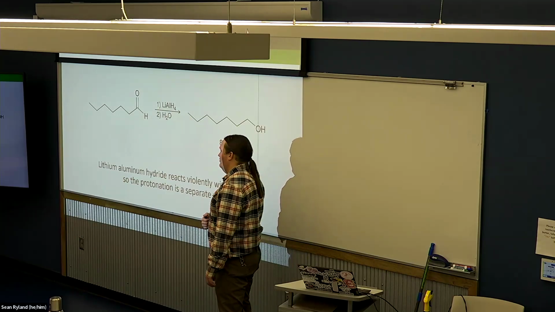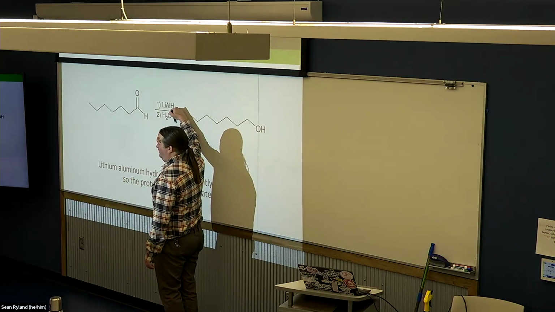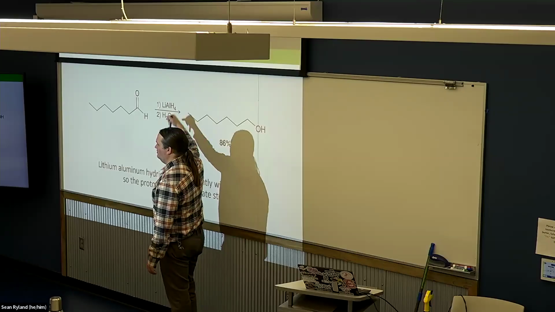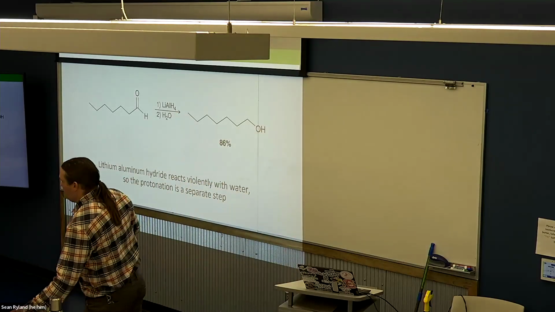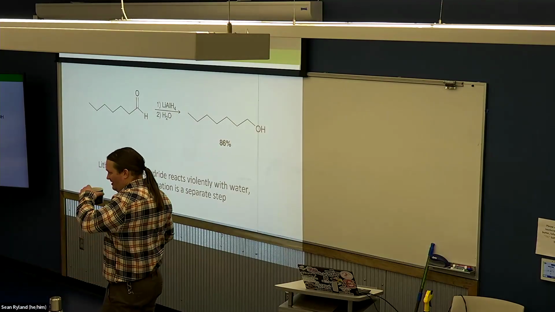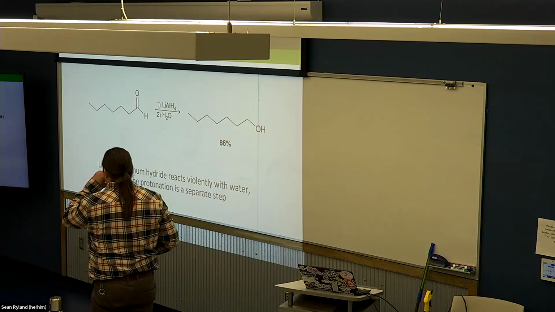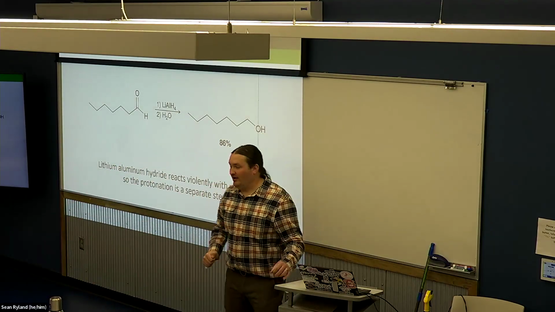We did this where we had a little bit of something really reactive left. And we added water both as a proton source and to also use up our leftover reactant. Because we will use sodium borohydride in a reduction reaction probably next week.